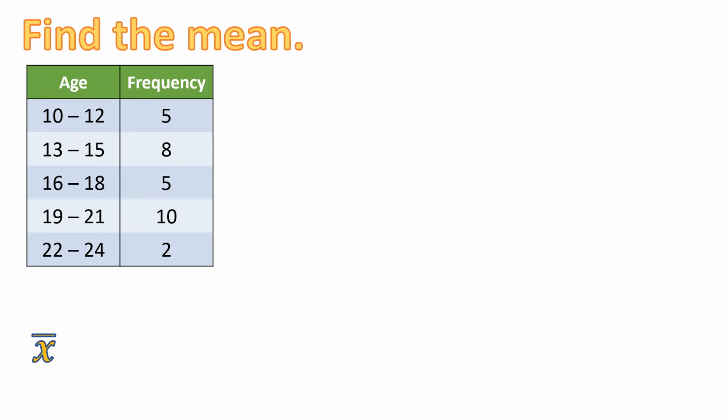We have this symbol for the mean, an x bar, which is equal to the sum of fx. So the sigma symbol before the fx is what you call the summation. It means the total or the sum of the product of f and x, and you will know later what is that x. Divided by n. N is the total frequency.